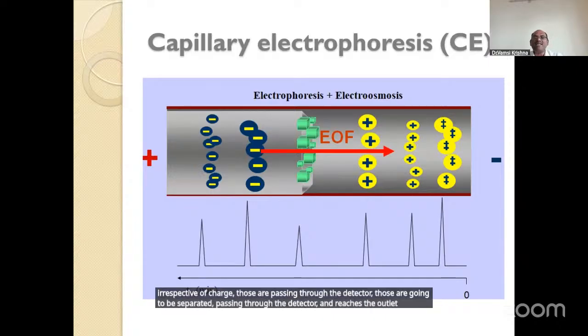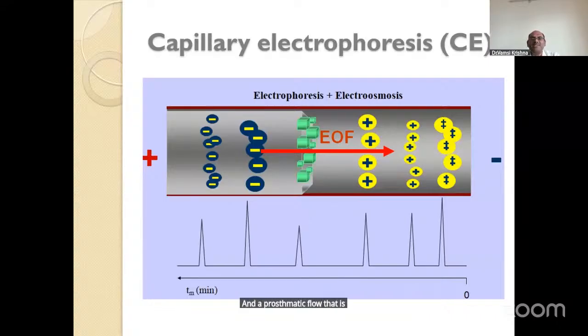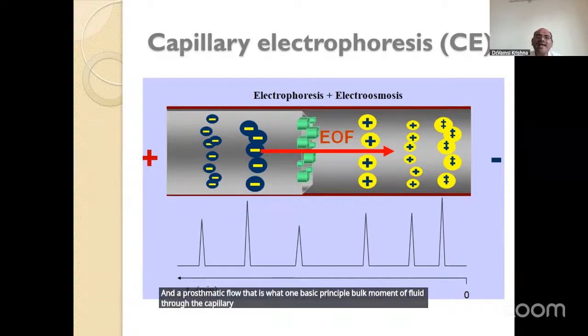So by means of this electroosmotic flow, one basic principle, bulk movement of fluid through the capillary, and then electrophoretic mobility. What is this electrophoretic mobility? It is the inherent characteristic of our ions.